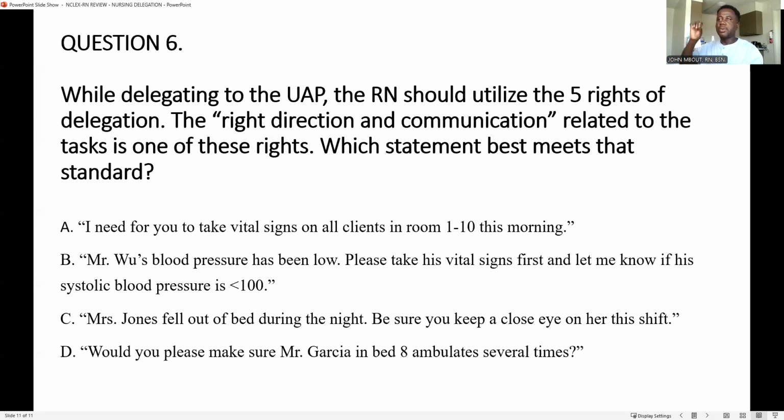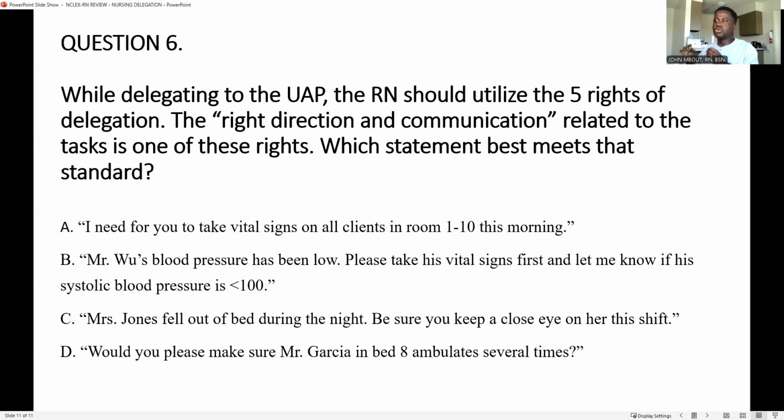Anyways, let's do it. While delegating to the UAP, the RN should utilize the 5 rights of delegation. The right direction and communication related to the task is one of these rights. Which statement best meets that standard? Very nice. It's a good question. A, I need for you to take vital signs on all clients in rooms 1 to 10 this morning.